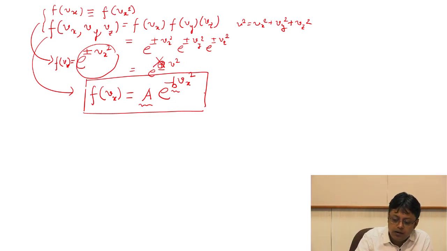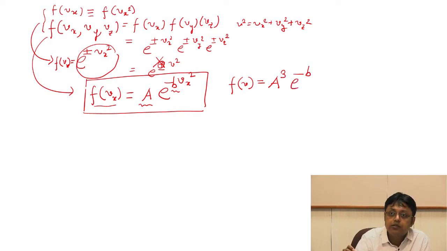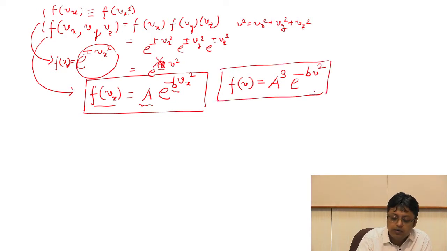So we can now say, what will be the f of v? F of v will be nothing but the product of f of vx into f of vy into f of vz. So I'll have something like a cube into e to the power minus b, and then vx square, vy square and vz square will add up. That will give me e to the power minus b v square. So that is the functional form that we are getting for the speed distribution.